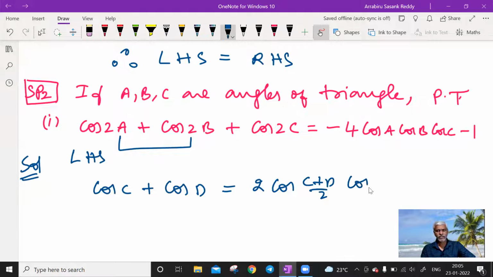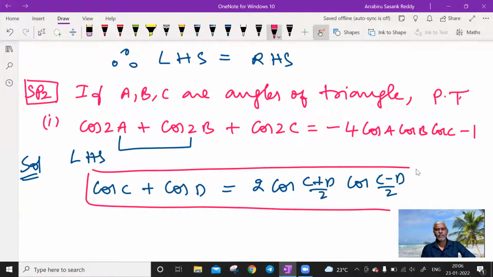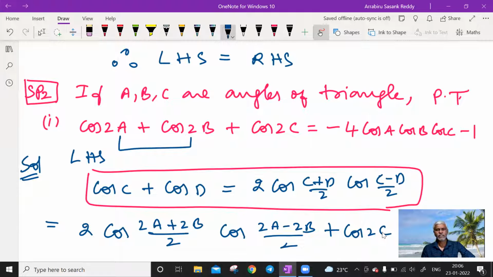The formula, both cos. This is the formula. So using this formula, cos C plus cos D, here 2 cos (C plus D by 2) is (2A plus 2B) by 2, cos (C minus D by 2) is (2A minus 2B) by 2, and plus cos 2C as it is.